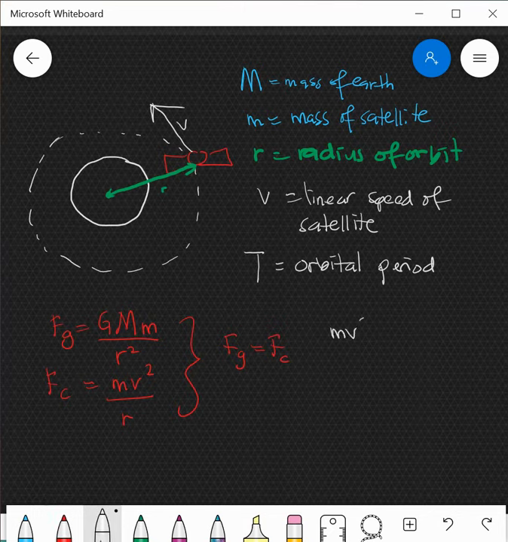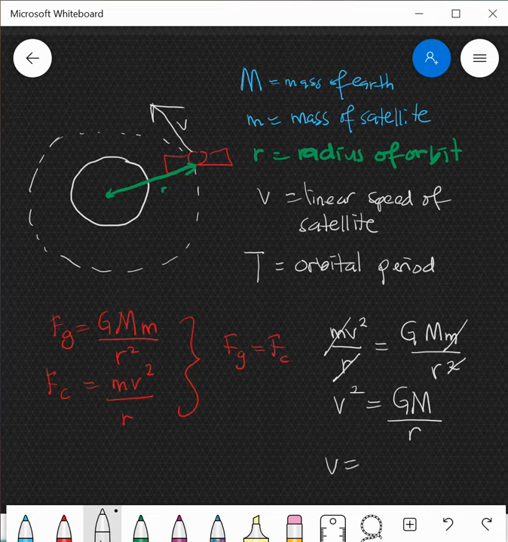mv squared over r equals to GMm over r squared. So now you can cancel the common factor, which is m, boleh potong, and then you can also cancel r. Kat sini ada r squared, sebelah ada r, so kita boleh cancel salah satu r lah, so dia akan jadi satu r je. Then you are left with v squared equals to GM over r.